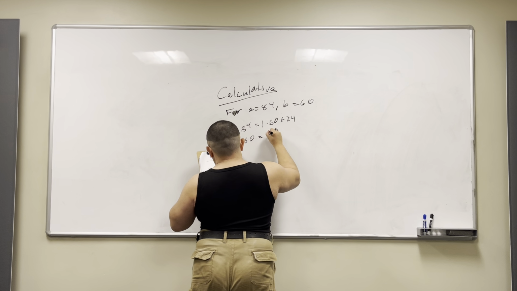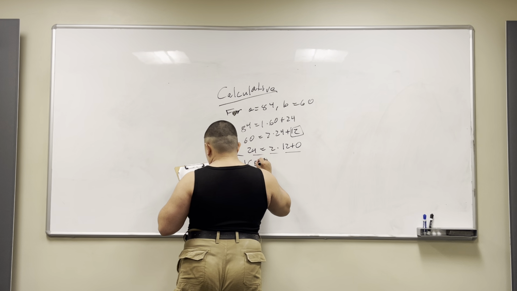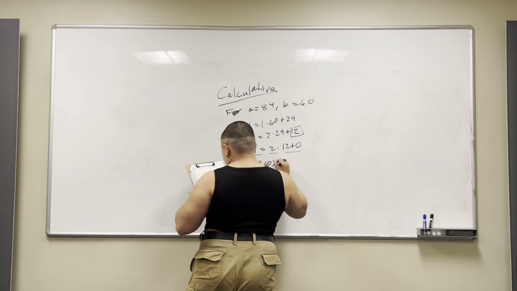Well, the GCD of 84 and 60 is equal to 12.